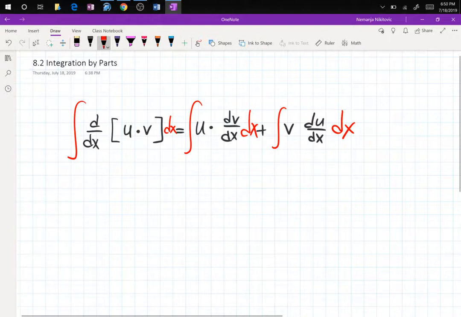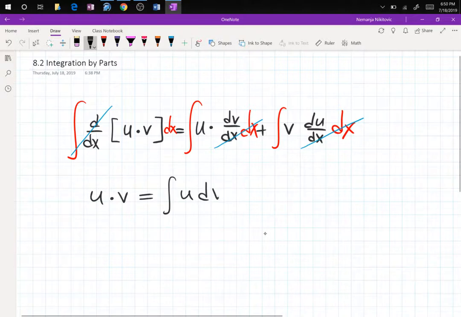Now, if you take a look, the derivative and integral cancel, and the dx and dx cancel. So what you are left with is, on the left-hand side, u times v, and on the right-hand side, the integral of u dv plus the integral of v du.